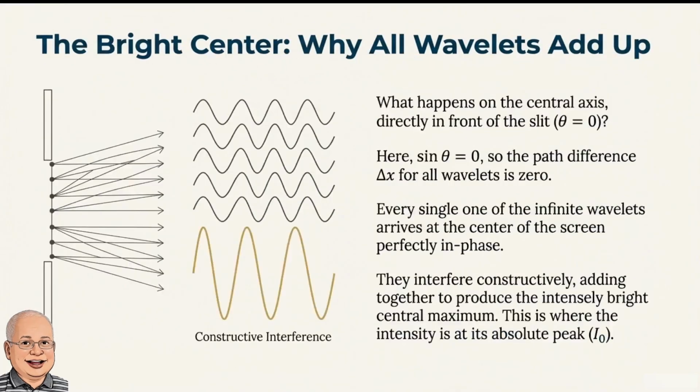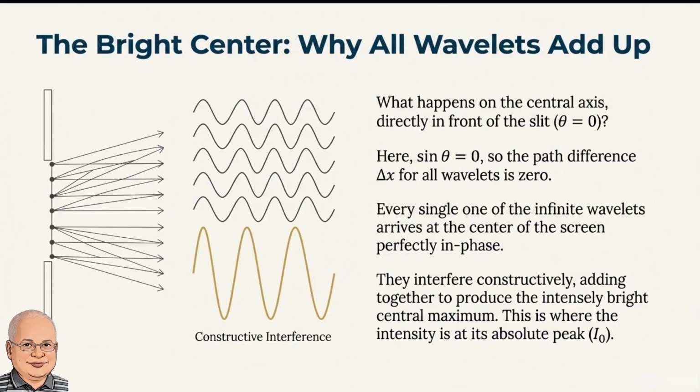Next. Now, how do you get a bright center? When all the wavelets are adding up. From the top one to the bottom one, every point on the slit, the peak of the wave for every point is in phase.